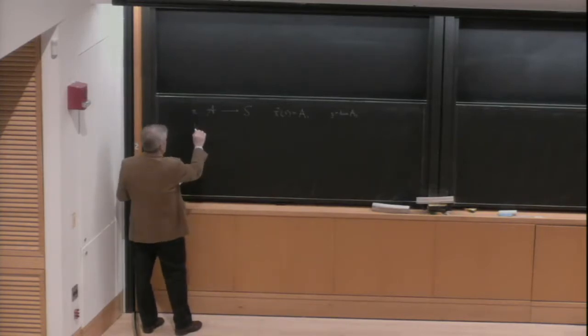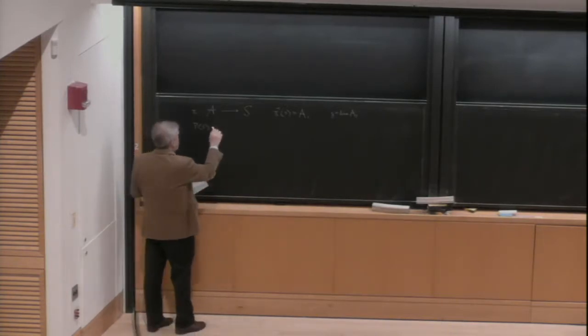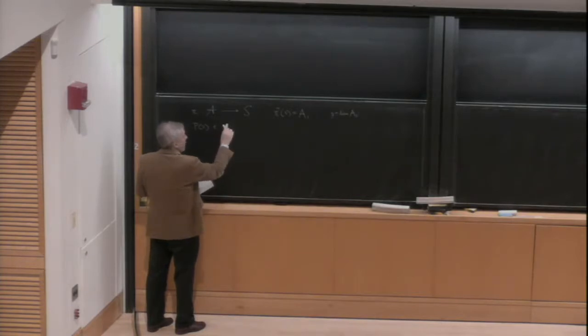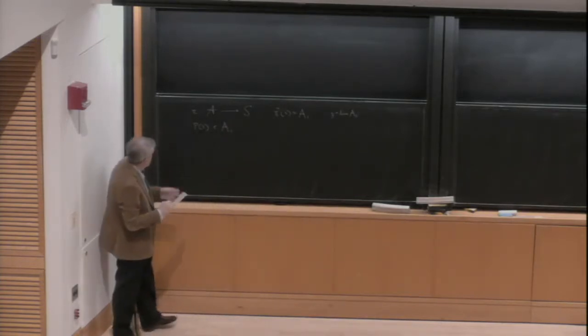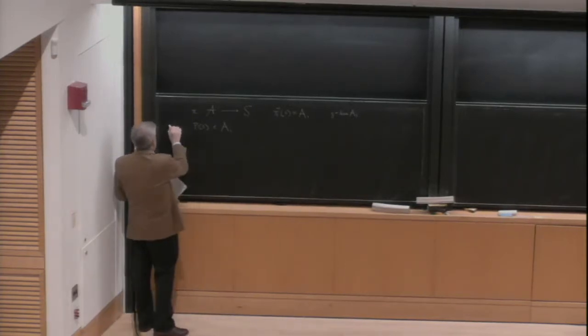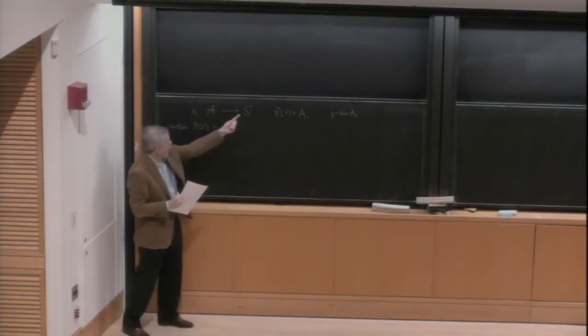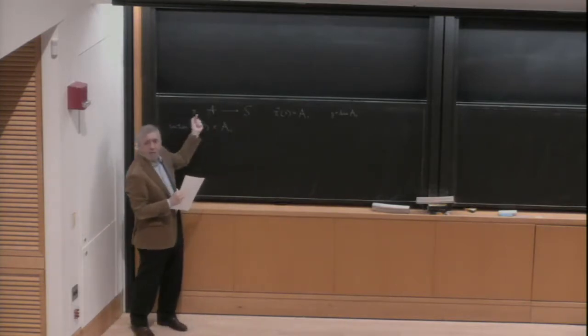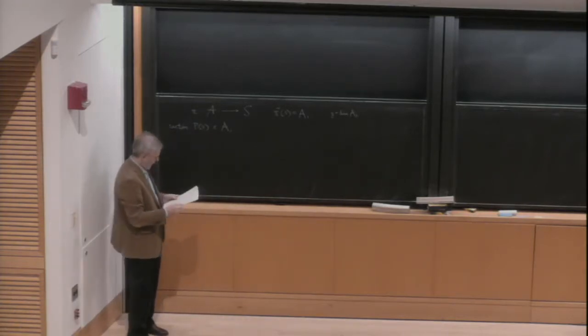So a family of points parametrized by the same algebraic variety S, P of s, which belong to A of s. In technical terminology this is called a section, because it goes from here to there, and composing with the map pi, we get the identity.